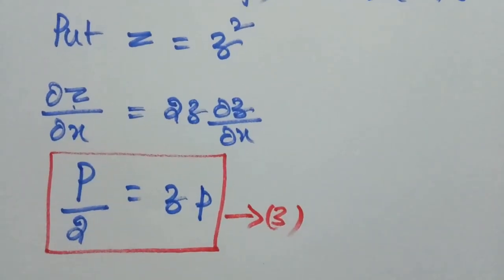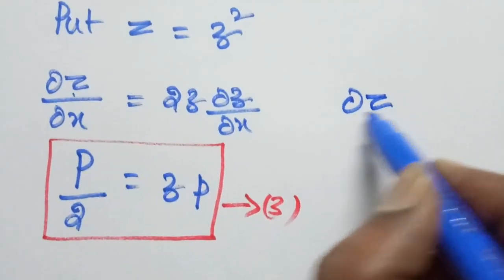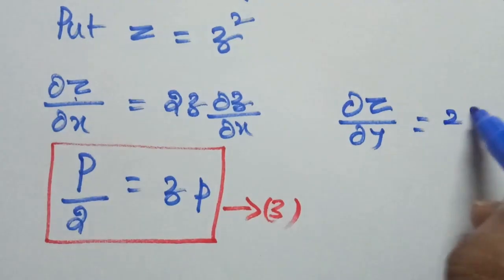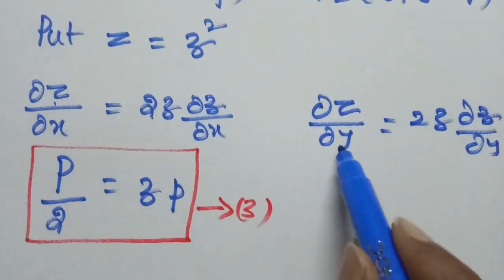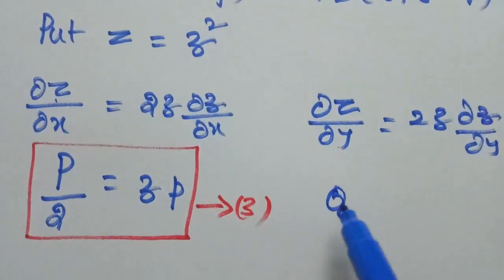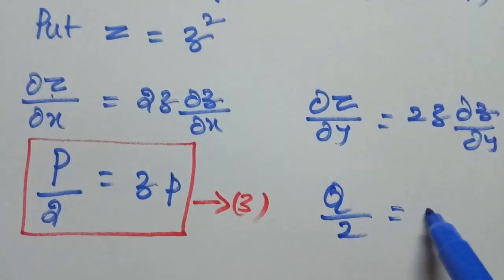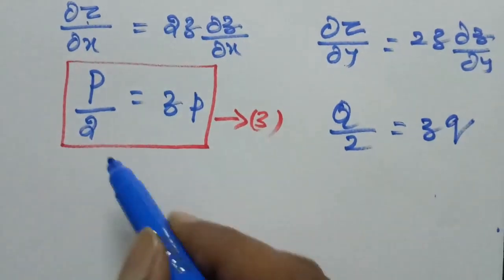Now, again, partially differentiating capital Z with respect to y on both sides, we get 2z into dou z by dou y. Again, we are writing this as capital Q, and writing 2 on the left hand side, it becomes Q by 2 is equal to z into q, following the notation from the beginning of this chapter.